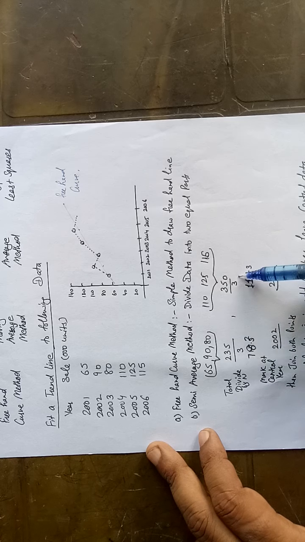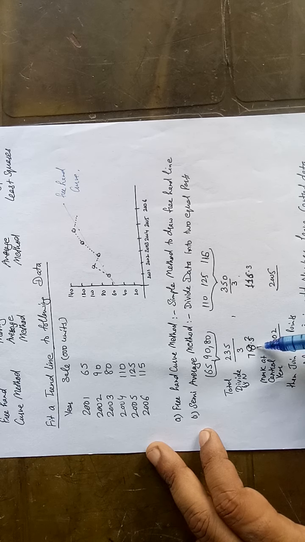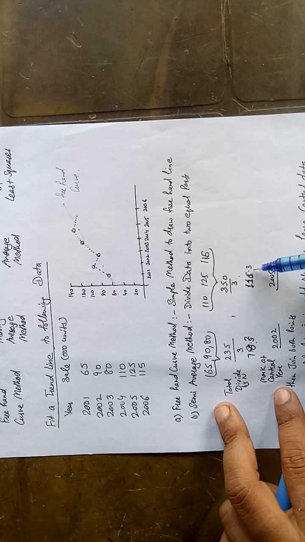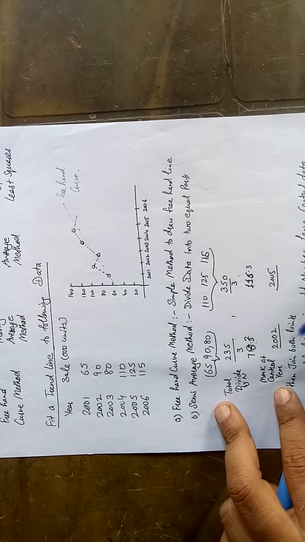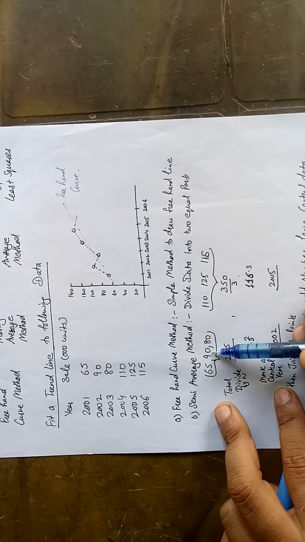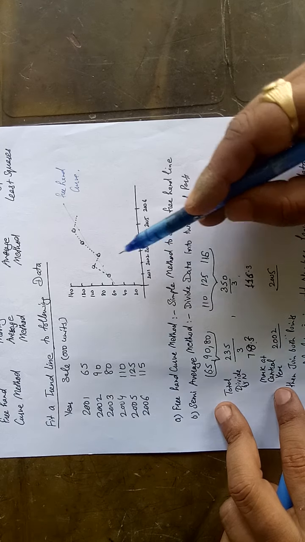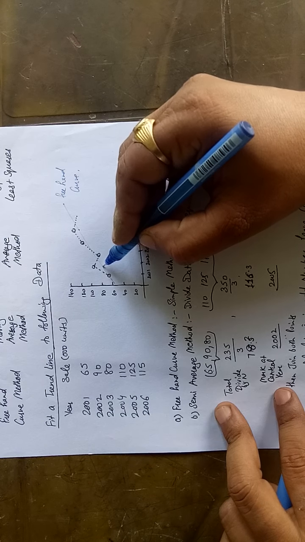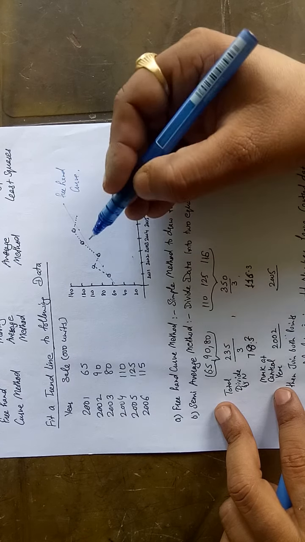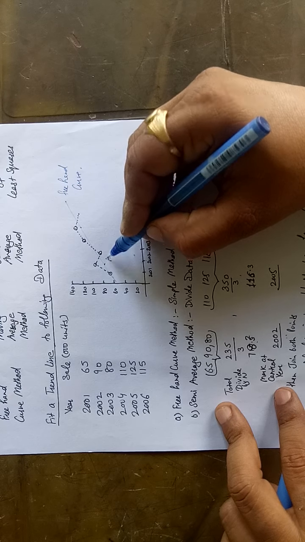Divide by 3, we get 78.3 and 116.3. In the center, 2001, 2002, 2003, the center was 2002. So we will mark one dot at the year 2002, and that dot is the first point A.